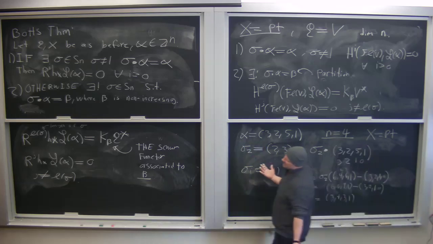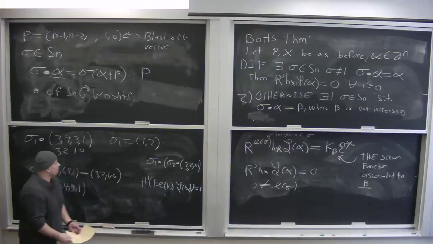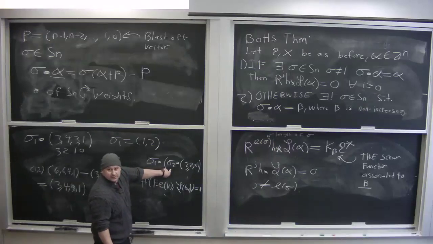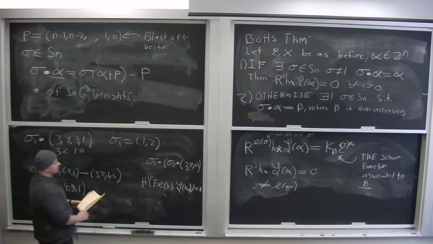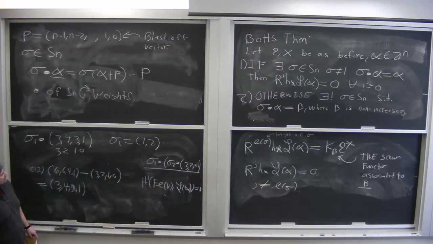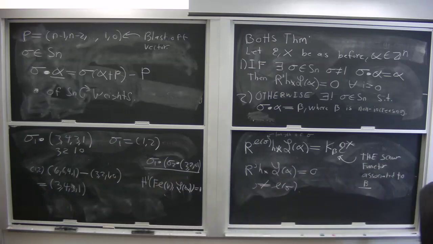And if you can find a sequence of these transpositions so that applying it like this you end up getting a fixed point, then it is a fixed point. That is what we've done here.